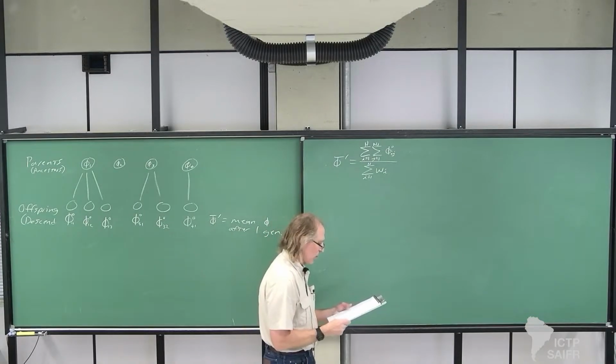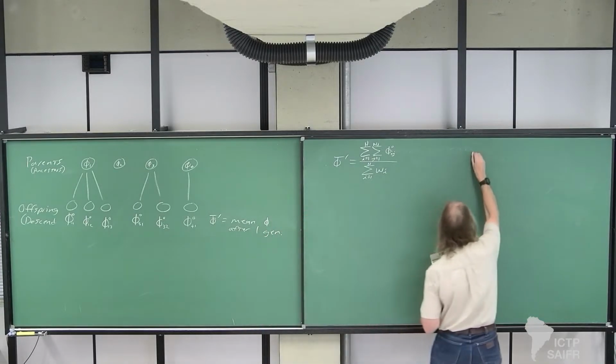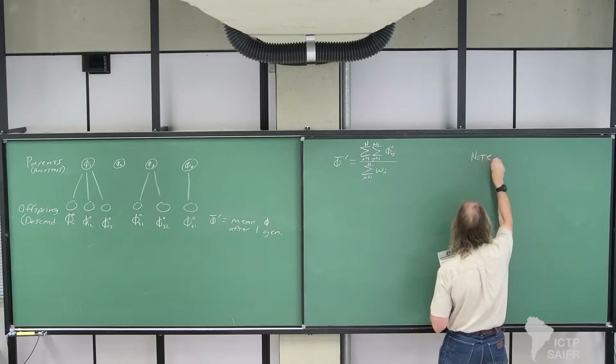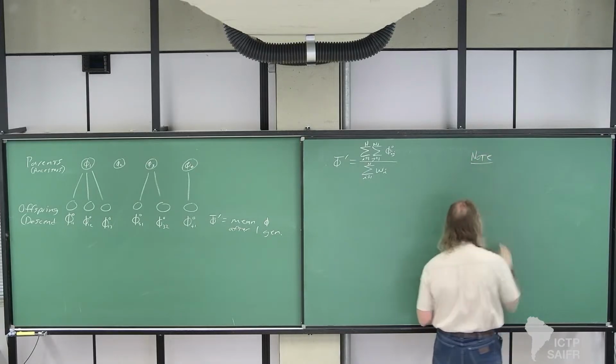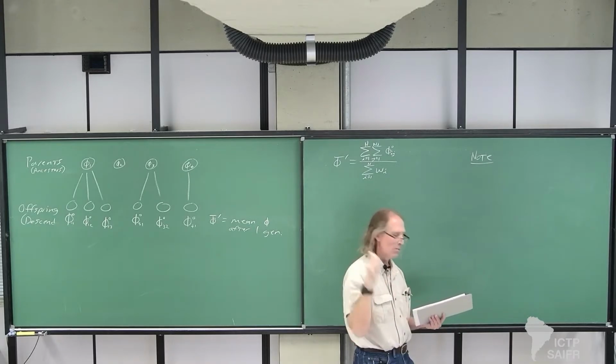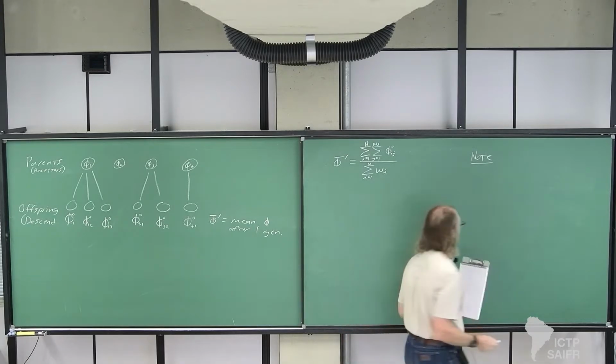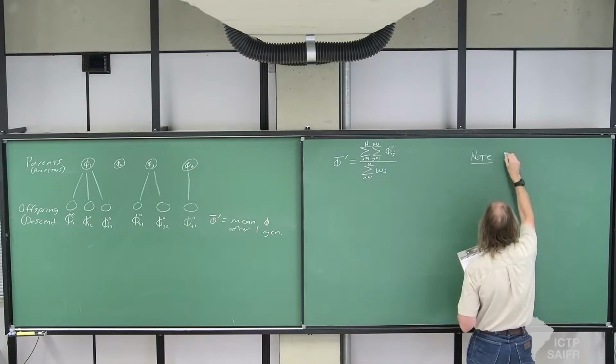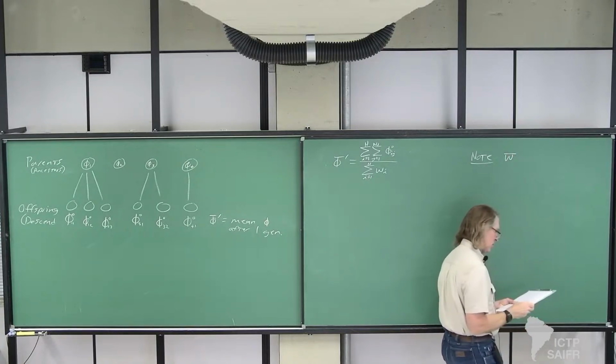I want to note a couple of things that, when you see them, are obvious after the fact, but they really simplify this. One thing is, what's mean population fitness, W bar?